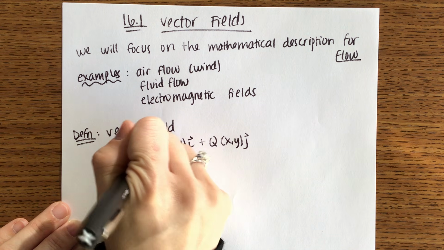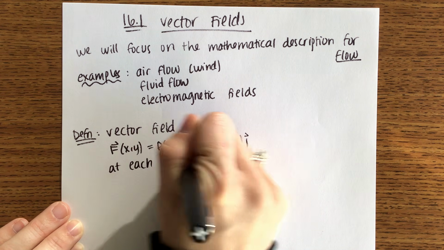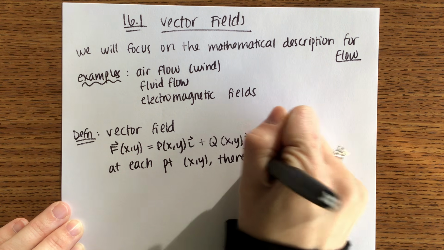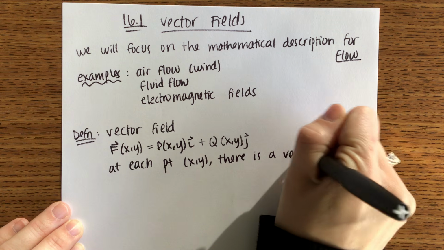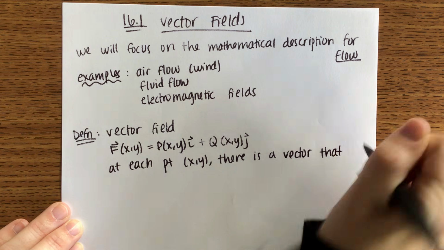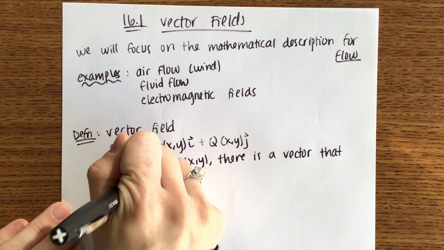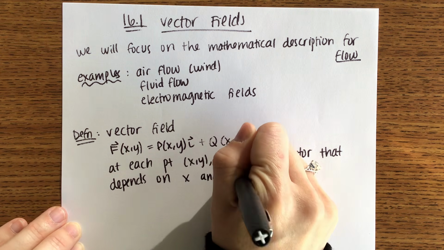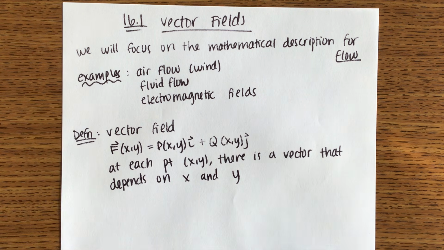What this is saying is that at each point x, y, there is a vector that depends on x and y. This also expands to 3-space as well, so there will be vector fields in 3-space also.